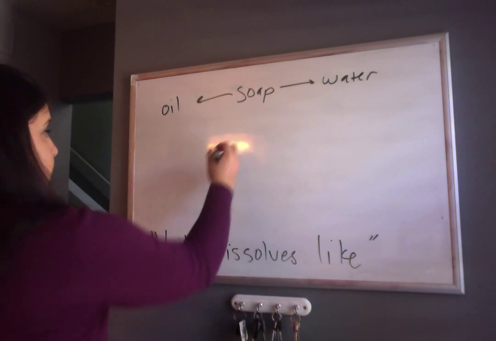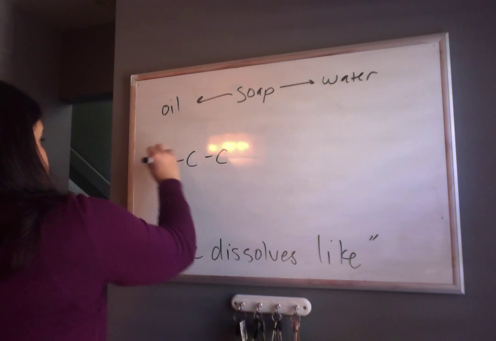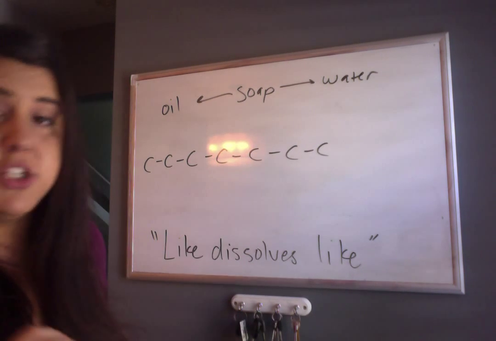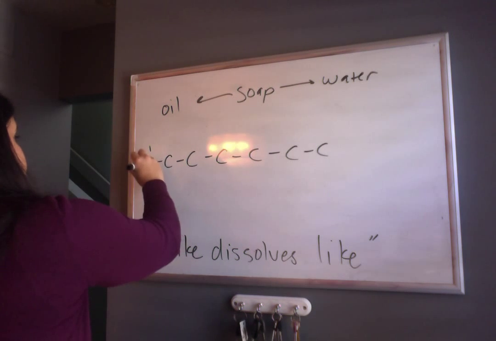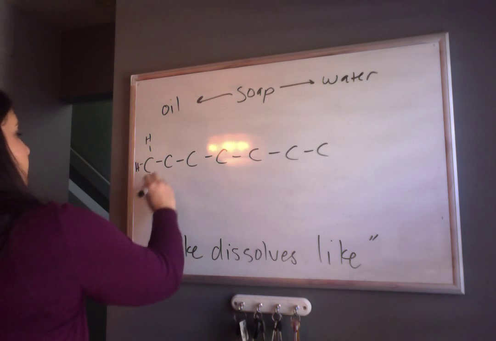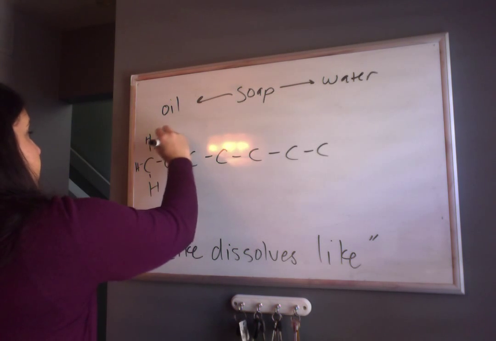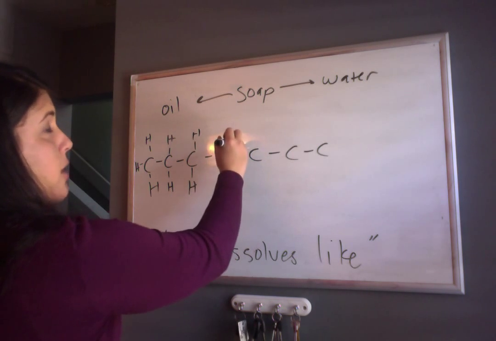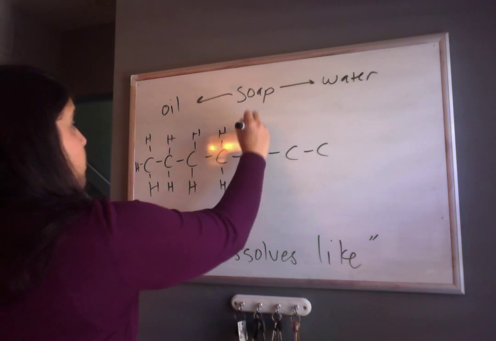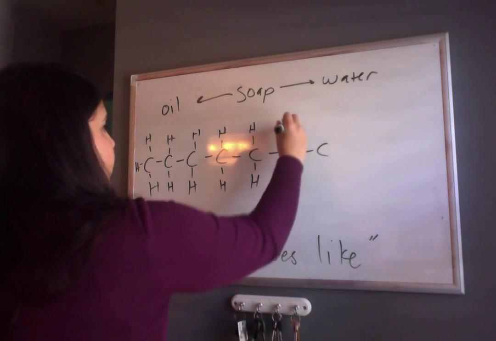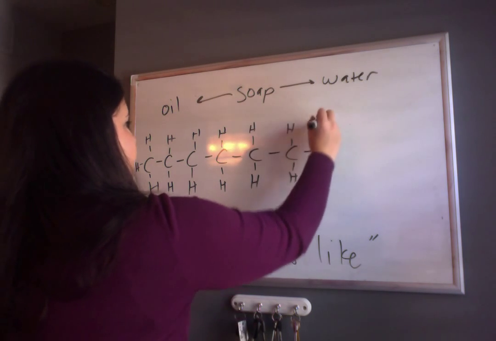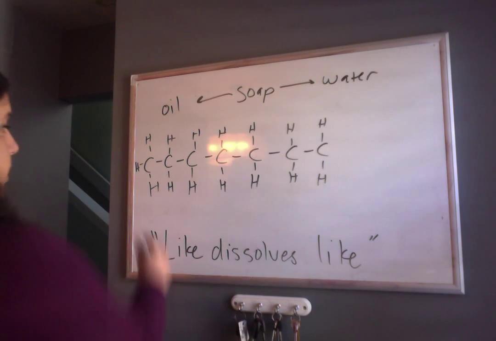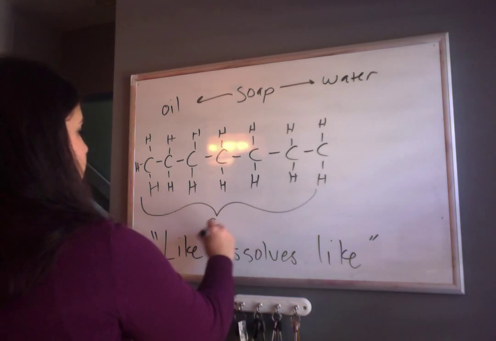Soap is made of these long tails, and for those of you who are in biology of some sort, you should recognize this. We call this a non-polar tail, again because it's a bunch of hydrocarbons, hydrocarbons being hydrogen and carbon. We have this end that you should be thinking looks non-polar to me, so this will all interact with oil.